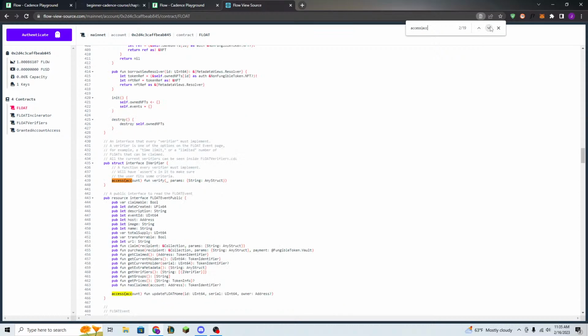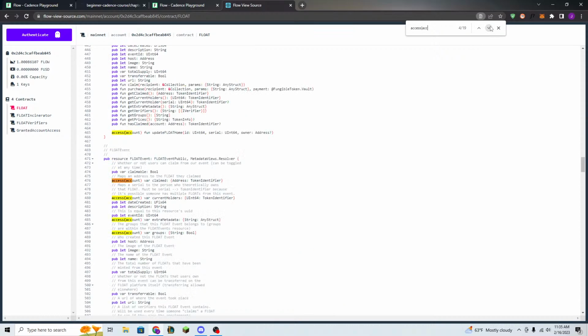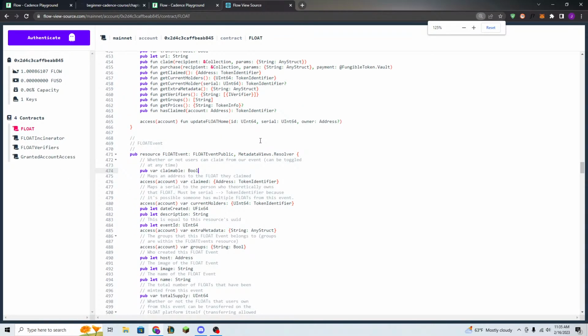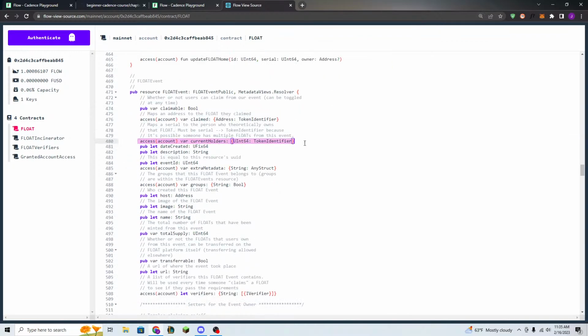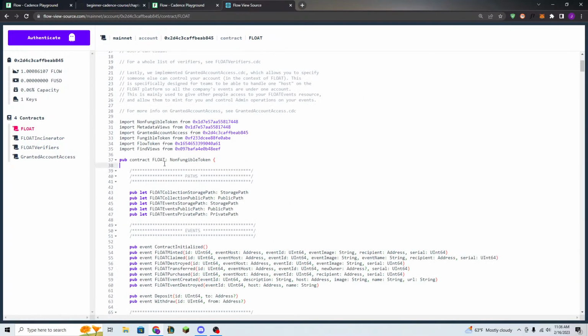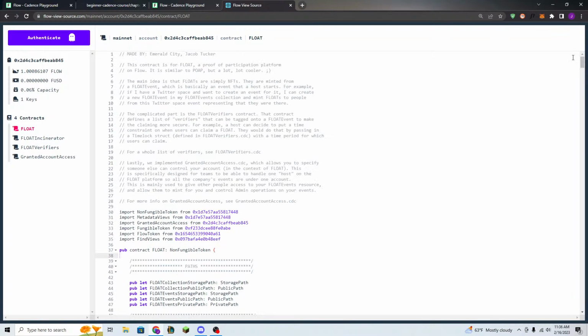So in the Float contract, there actually is some access account. For example, look at this variable. Right here, the Float event keeps track of who currently holds it, and it has an access account modifier. So we would be able to access this variable inside of this whole contract and inside of these contracts. All right. So that's that.